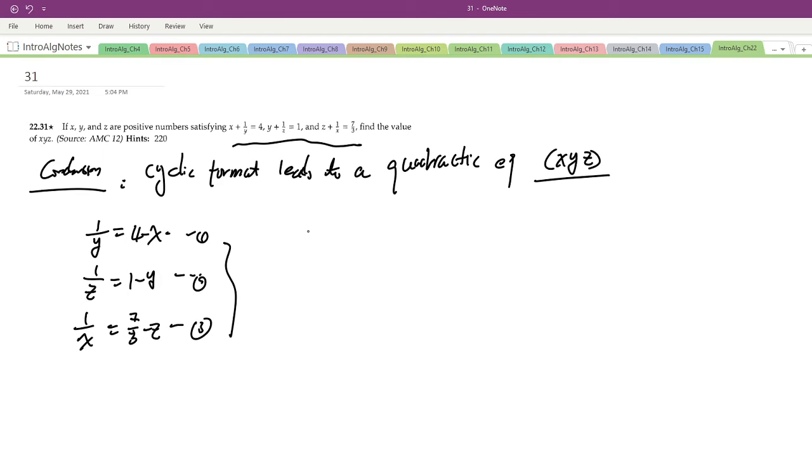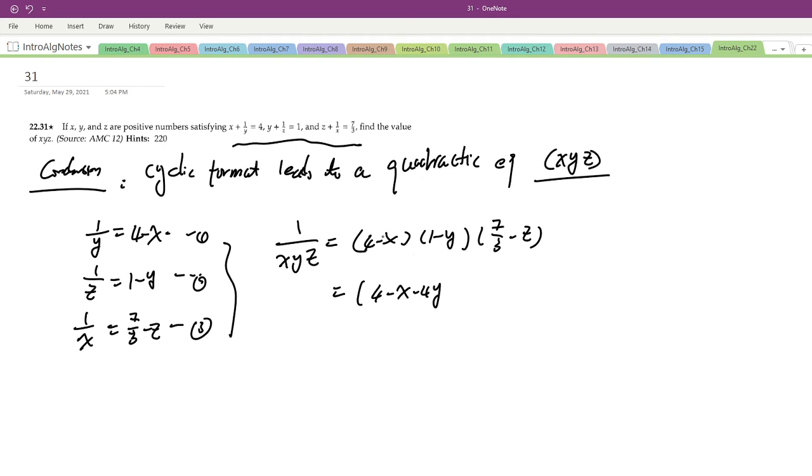If we multiply them together, we have xyz on this side, then we expand the other side. Let's expand this. It's 4 minus x minus 4y, then plus xy.